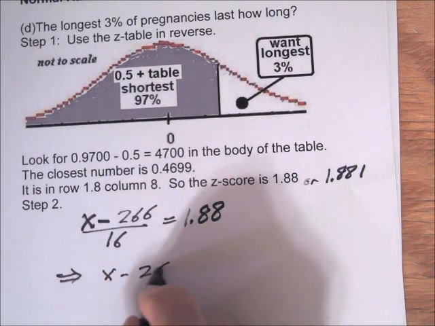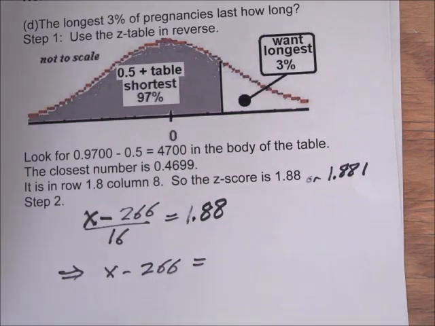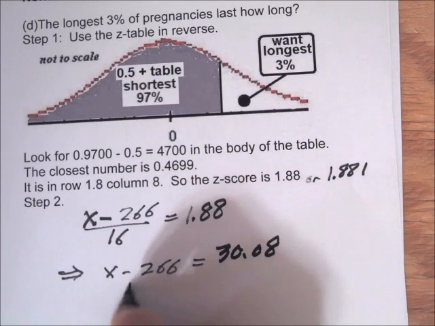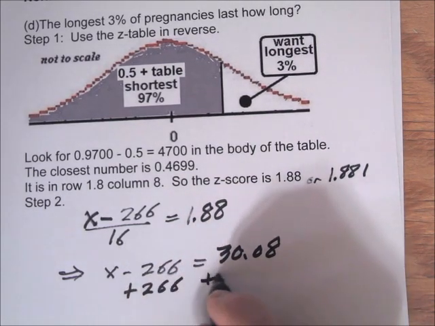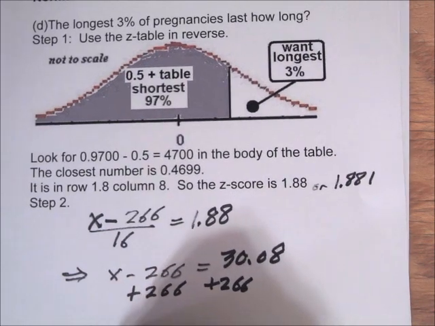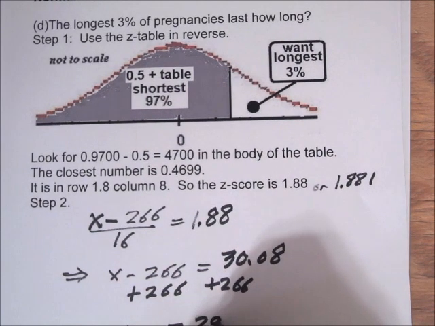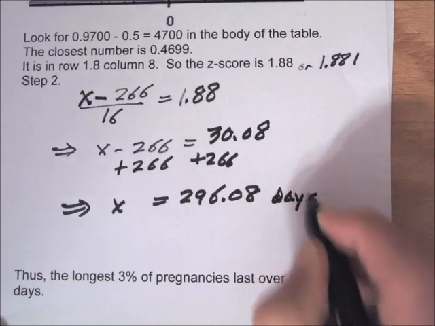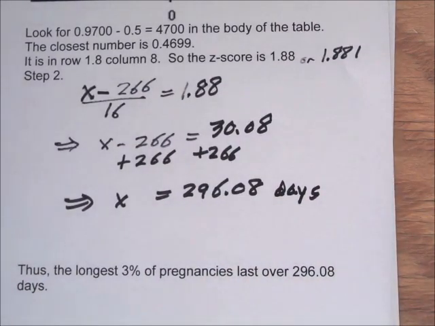X minus 266 equals 16 times 1.88, which is 30.08, and then add 266 to both sides. So you get x is equal to 296.08 days. So the longest 3% of pregnancies last over 296.08 days.